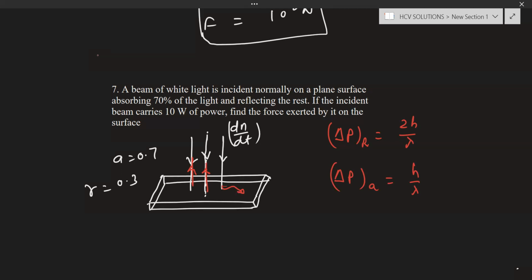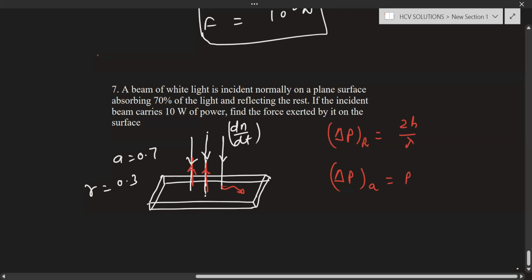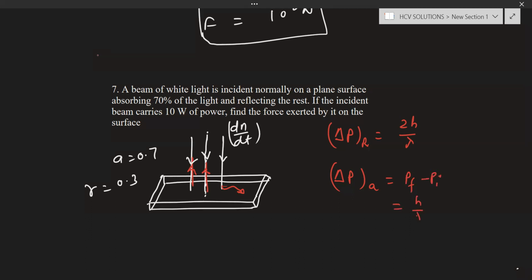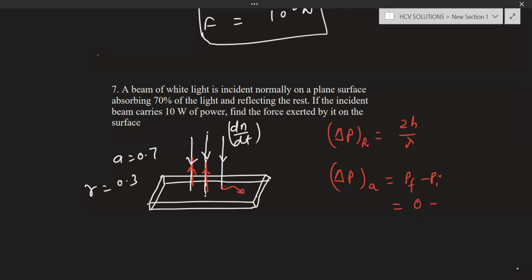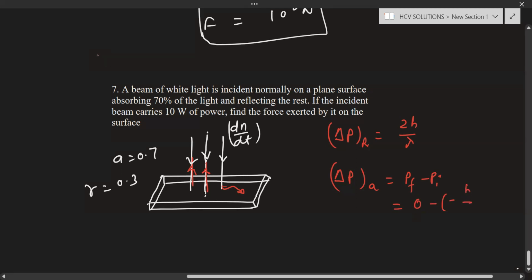The change is p final minus p initial, where the final is 0 and the initial is minus h by lambda because it is falling downward. So finally we get h by lambda.